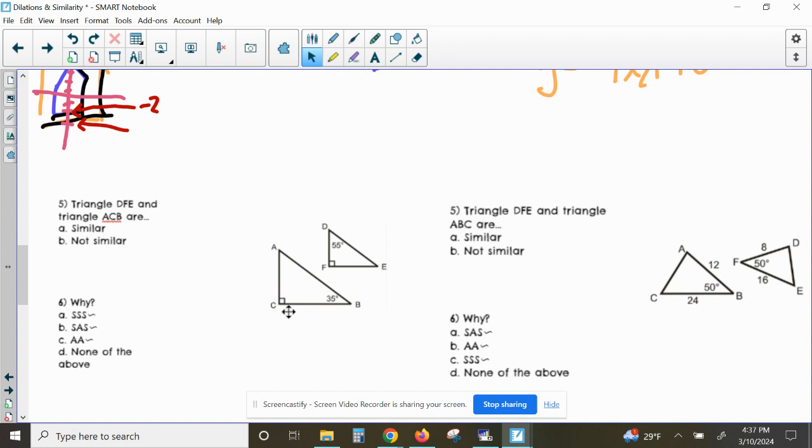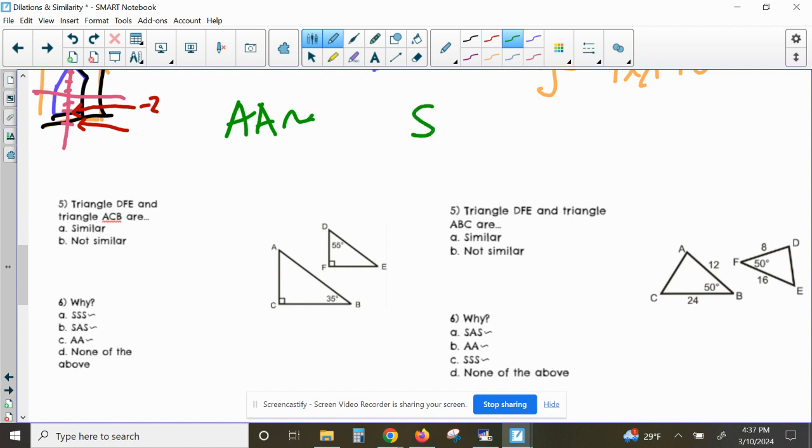Now remember, there are 3 ways to prove triangles similar. The 3 ways are angle-angle similarity, SSS similarity, and side-angle-side similarity.